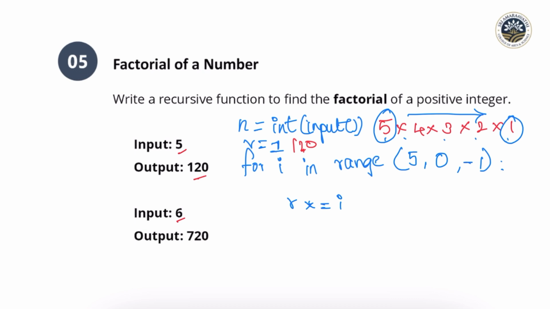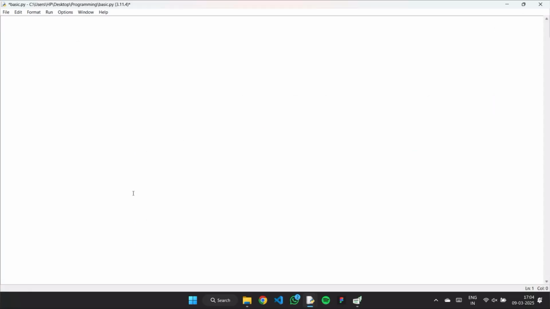Let's start programming. Okay, we start with the factorial of a number. What is the factorial of a number? So if I have an integer input, if the input is 5, I just need to store in r, which is nothing but 5 into 4 into 3 into 2 into 1.